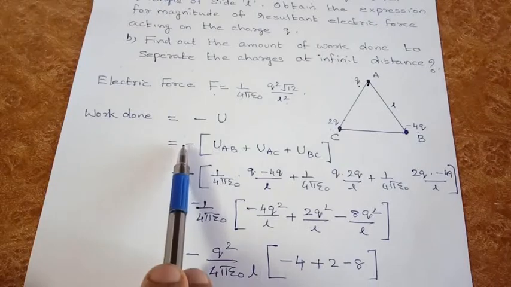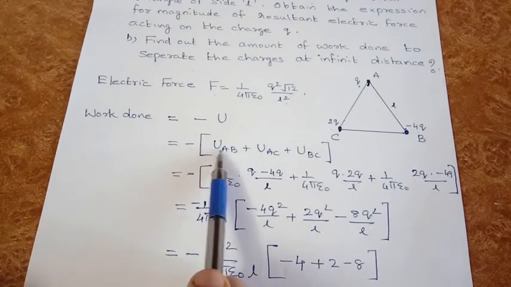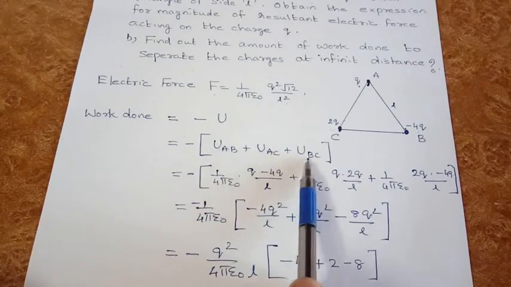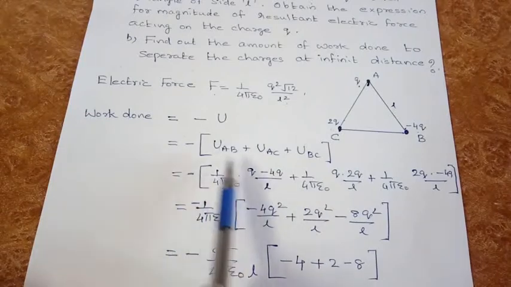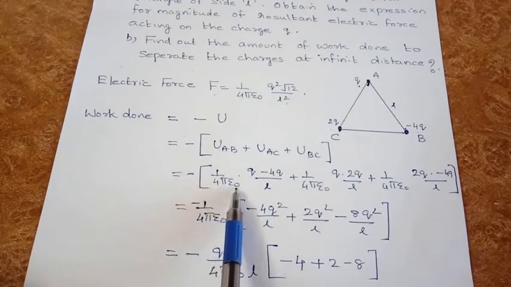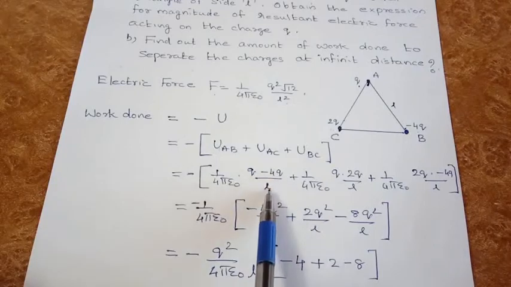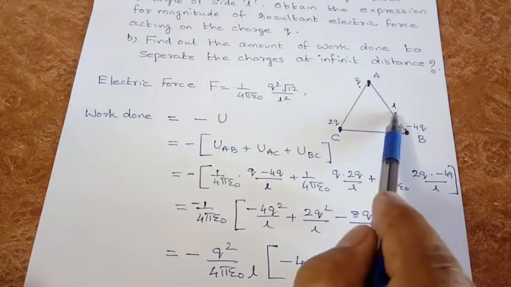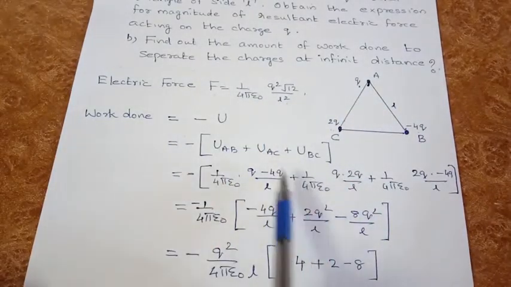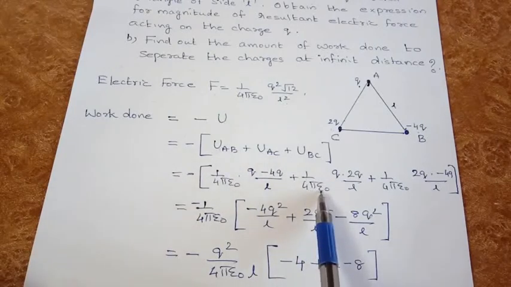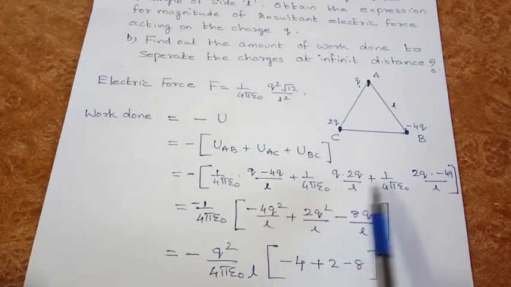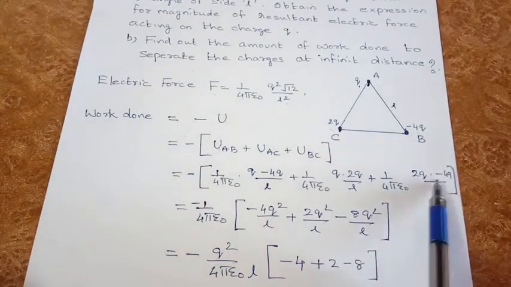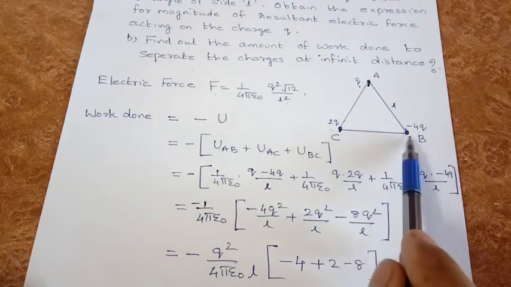Here three pairs are there: negative of potential energy of AB plus potential energy of AC plus potential energy of BC, and potential energy of AB is 1 by 4 pi epsilon 0 q into minus q divided by L, because q charge is kept here, minus q charge is kept here, distance between them is L, that is given in the question, plus potential energy of AC 1 by 4 pi epsilon 0 q into 2q divided by L plus 1 by 4 pi epsilon 0 2q into minus 4q divided by L, that is the potential energy of CB.